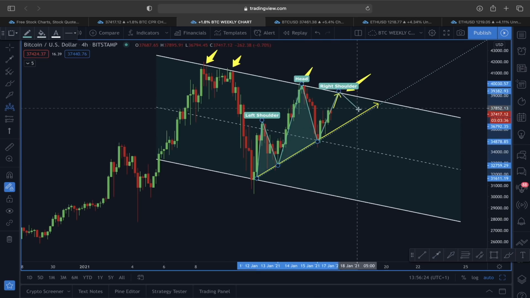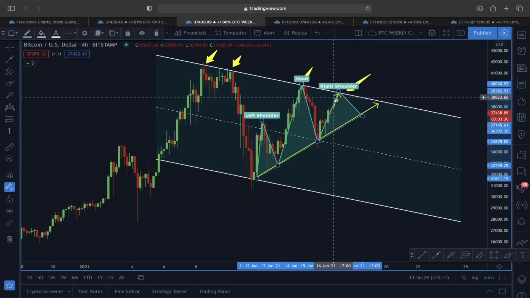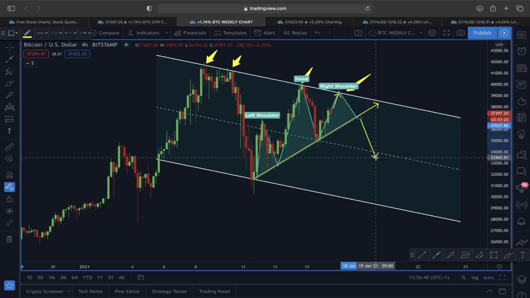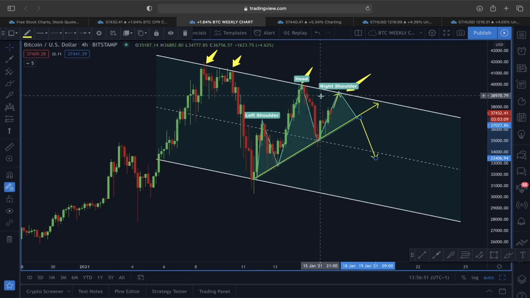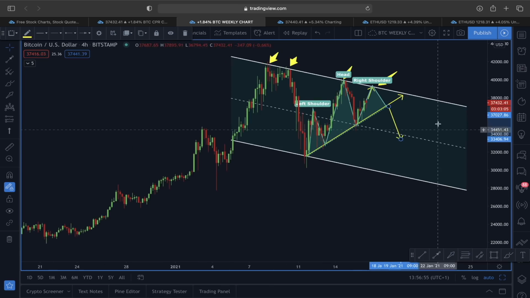If this is going to play out, then this is also going to be a sign that, hey, maybe after reaching the upper line area around this 39,100, 39,200, this could also be forming a really nice head and shoulder pattern, which could be another bearish scenario for Bitcoin, because rejection around this 39,100, 39,200 could flash a very, very dangerous scenario for Bitcoin. So this is also one scenario we should take into consideration.